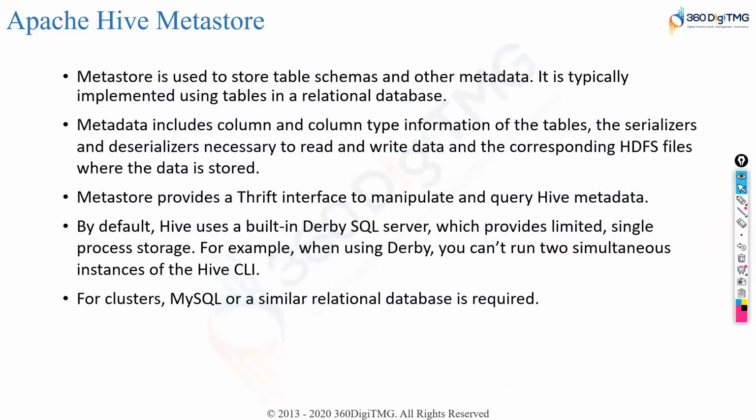The metastore is very important, guys. The metastore is basically the data which stores the schemas. It is typically implemented using tables in a relational database. So you'll have tables, and we are trying to recognize the relationship between the tables. Metadata comes into the picture in such cases.